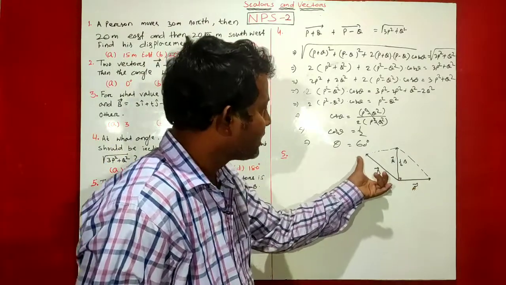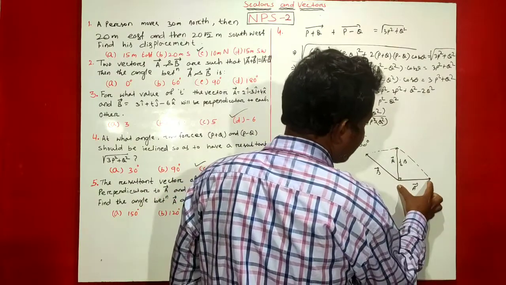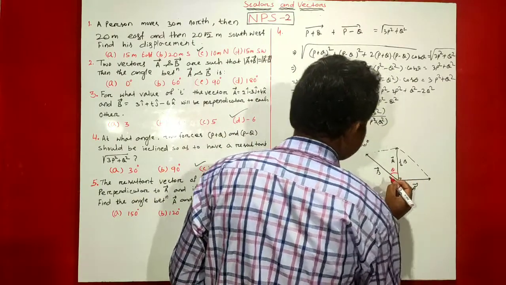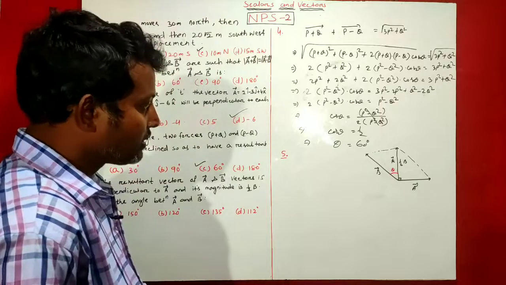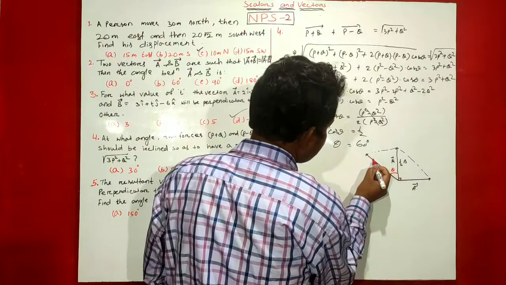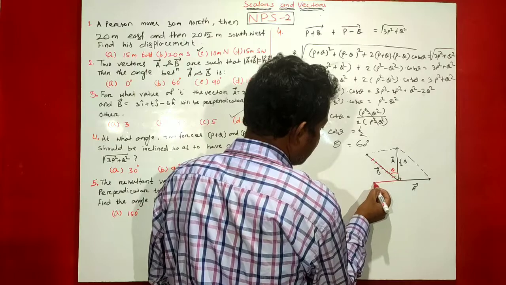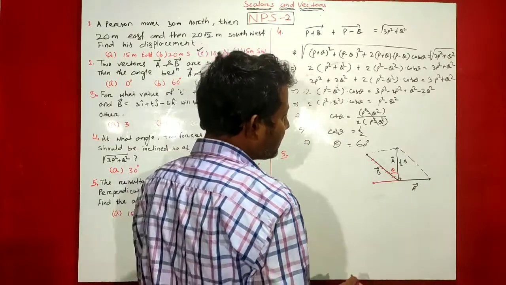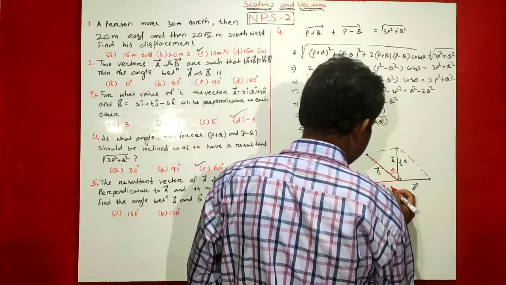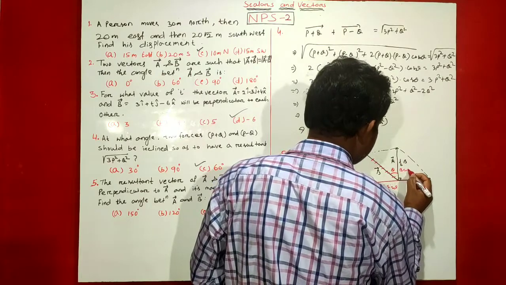This is A vector and this is B vector, and their resultant will be this diagonal, which is perpendicular to A. Let this angle be theta. When we resolve B vector, it gives two perpendicular components. This is B sin theta and this is B cos theta.